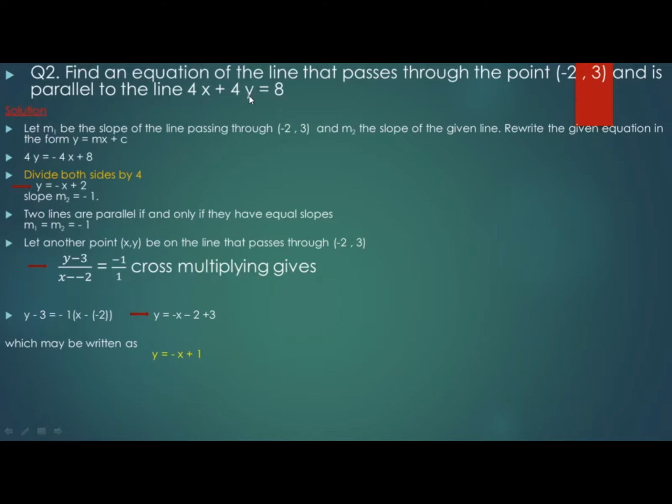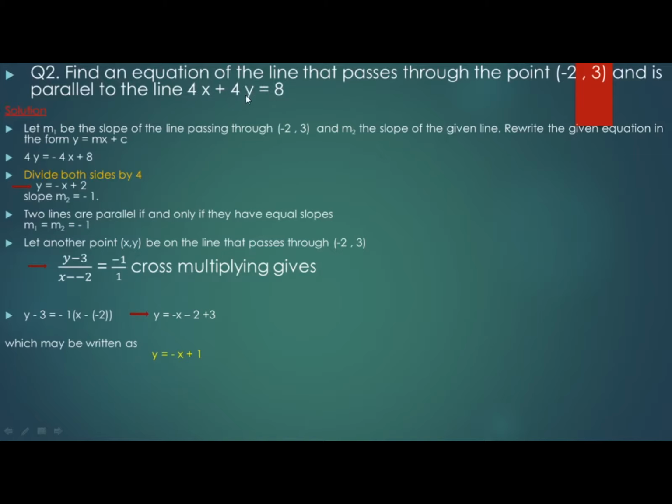So first of all, we have to find the gradient of this equation. You rearrange this equation in the form y equals mx plus c.